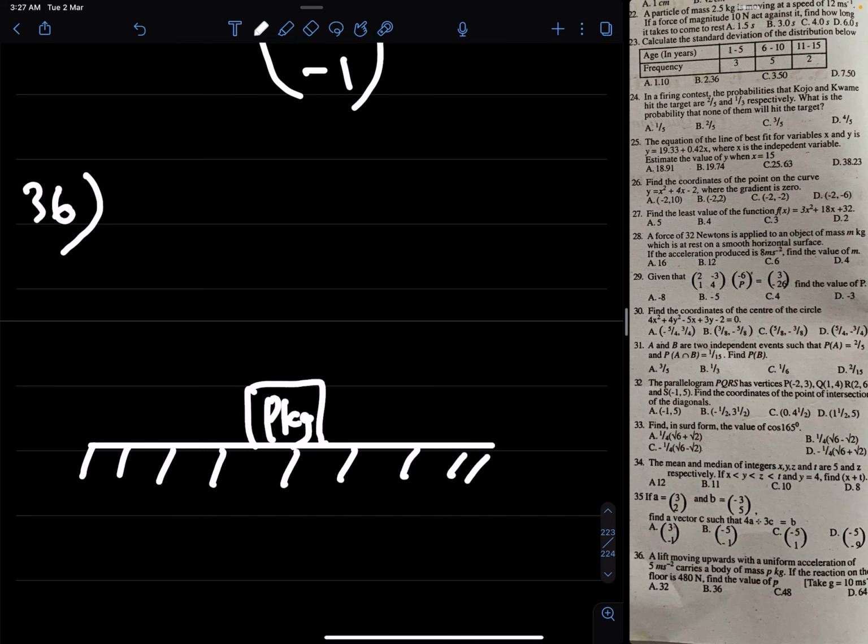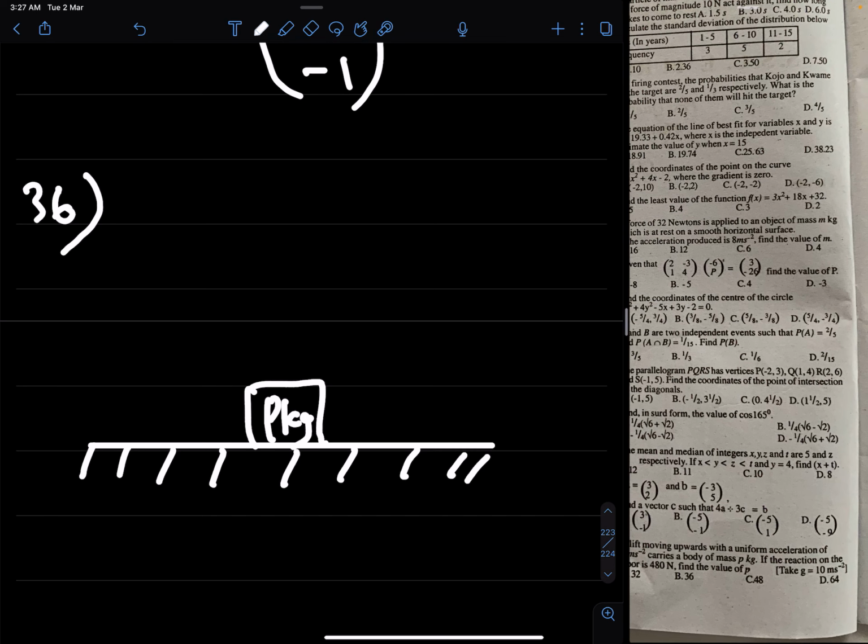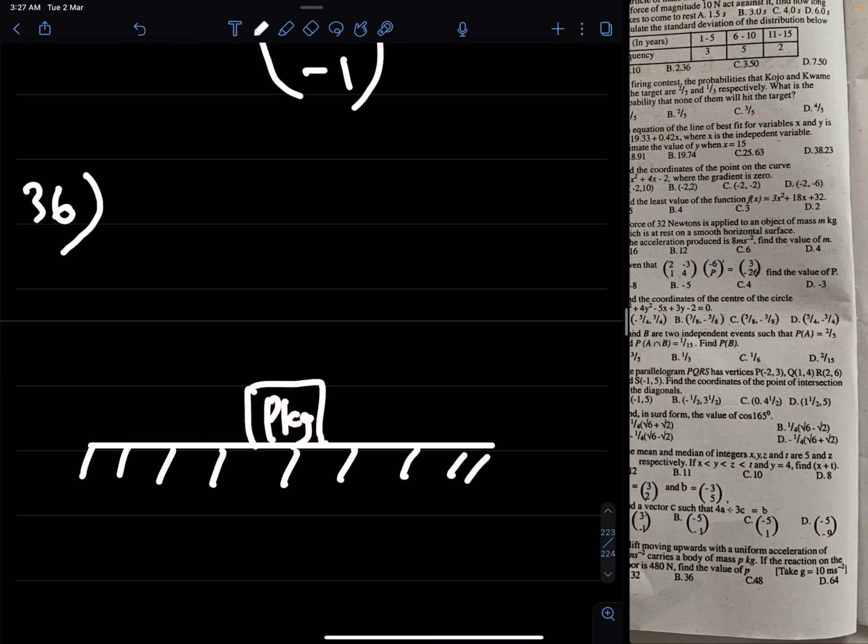If the reaction on the floor is 480 newtons, find the value of p. Reaction is acting upwards, certainly, and it's 480 newtons. Reaction R is 480 newtons.